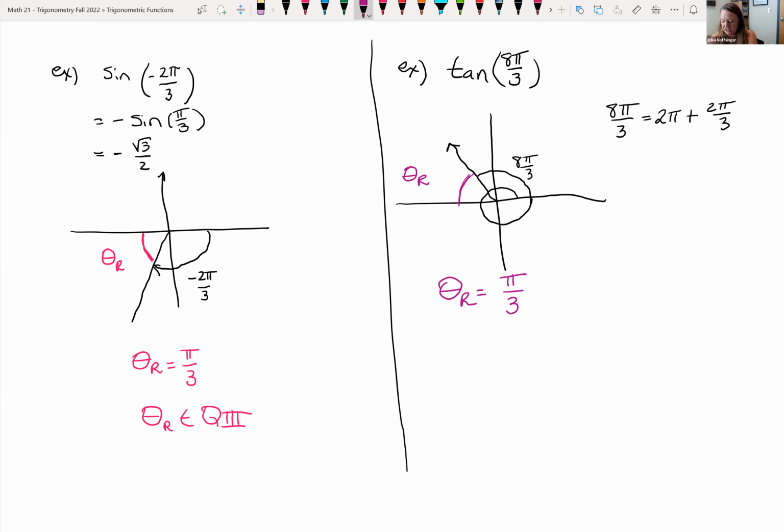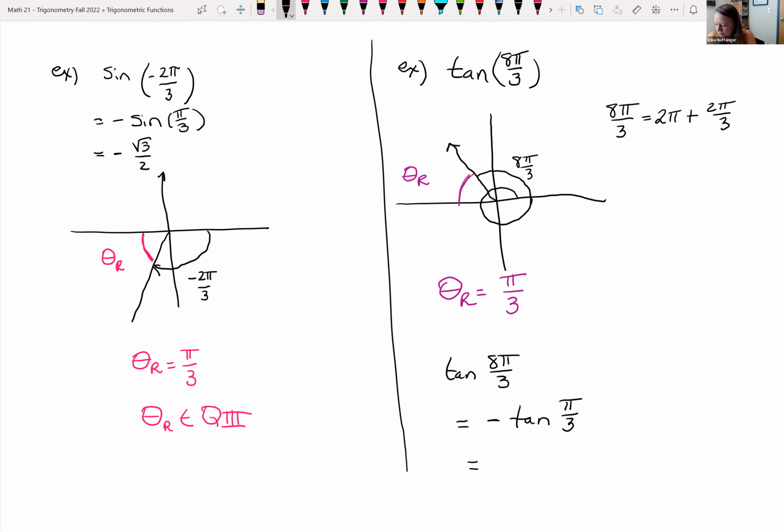Tangent in the second quadrant is negative. So tangent of 8 pi thirds is equal to negative tangent of pi thirds.